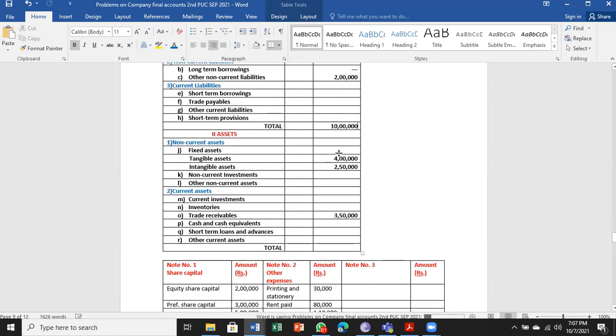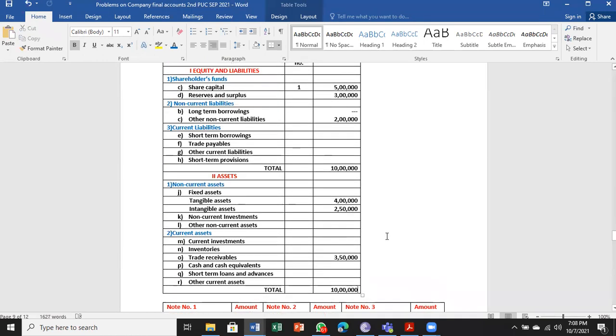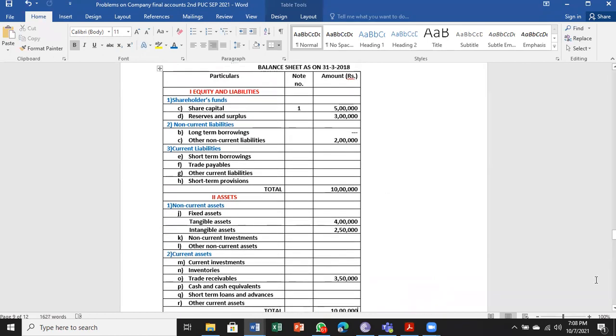So now let us see the asset side. There are 3 items, 4 lakhs, 2.5 lakhs, and trade receivable 3 lakh 50,000. So if you add all these 3, 10. Yeah, this is also 10 lakhs. So our balance sheet is having same total of assets, same total for liabilities.